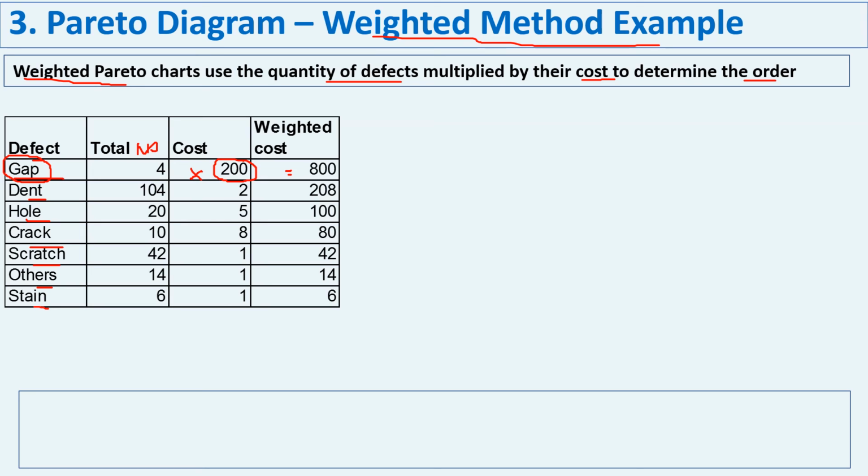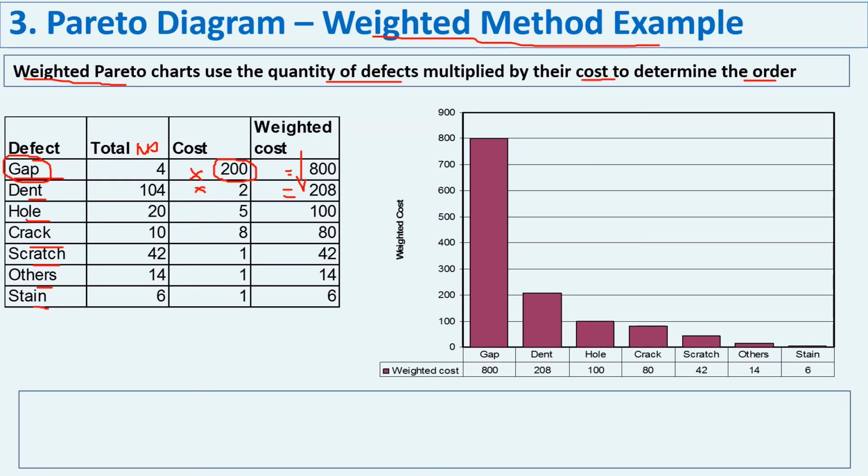Dent, 104 numbers, cost is 2 rupees each, so 208. We arrange in descending order like this. Then we draw a Pareto diagram. This gap is 800, then dent 208, hole, like this.